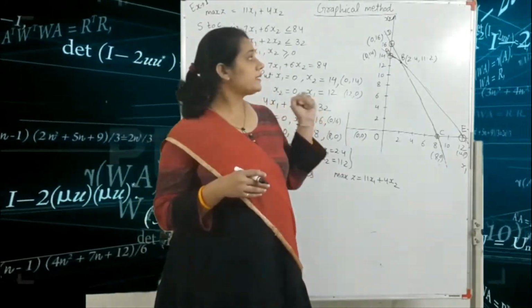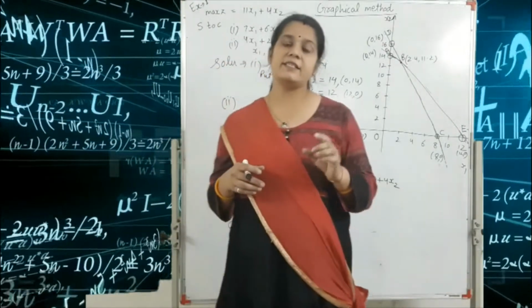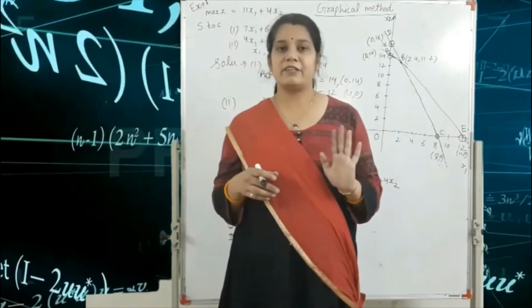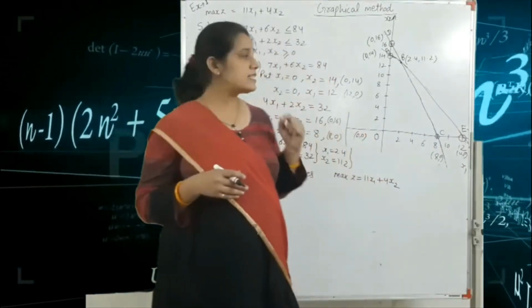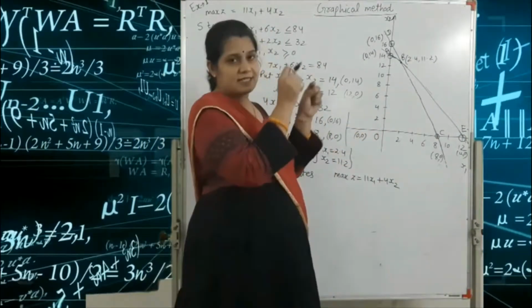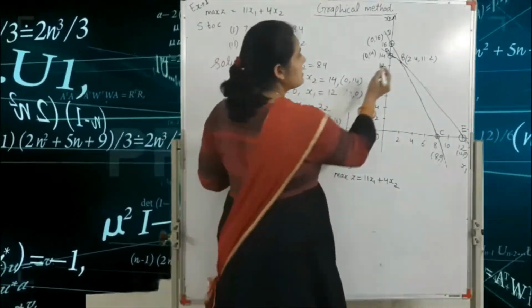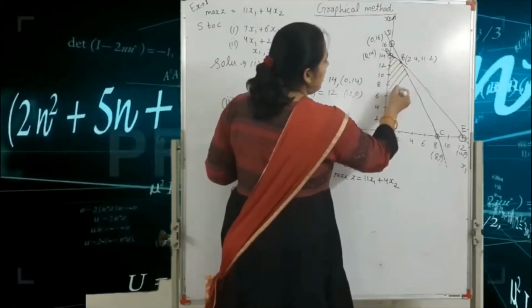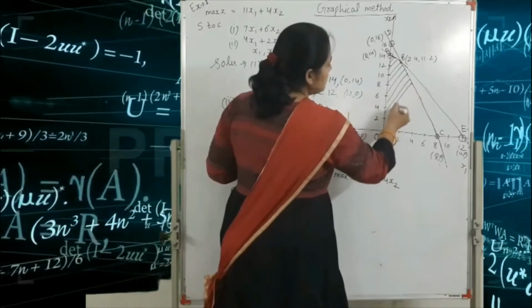But in these 5 points, some points do not satisfy the constraint equations. So always keep in mind, always consider the closed region. This is your closed region according to your 0, 0 point. Got it?